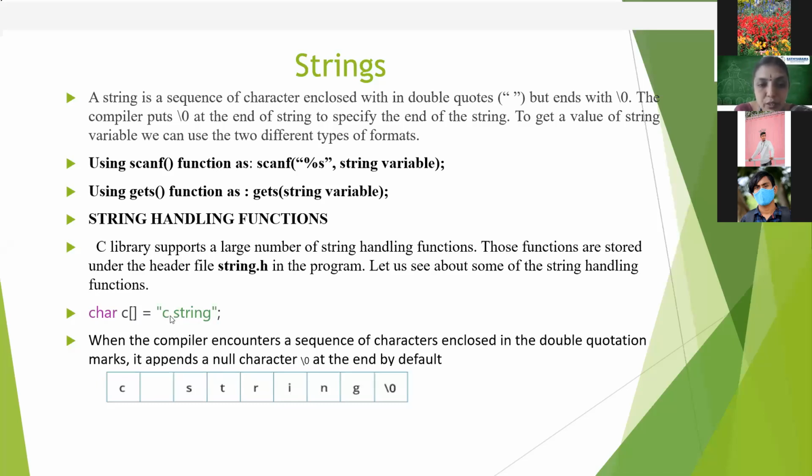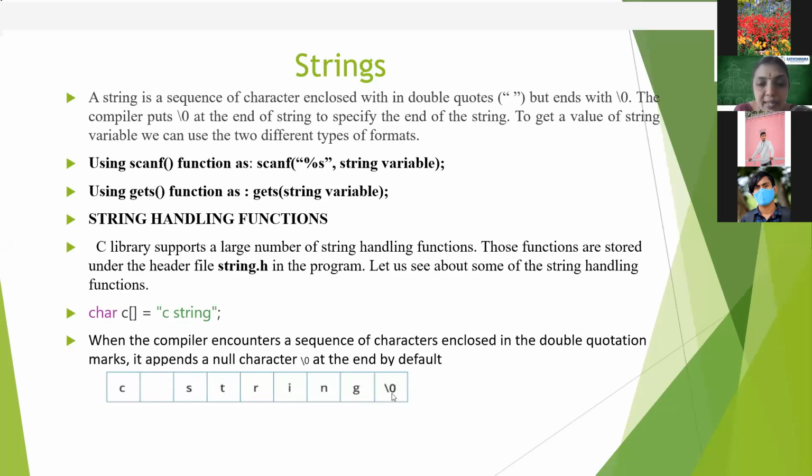See here we have a space and then we have a string. How will it be represented? In that position we have a space, and that space is also considered a character, right? Then we have the string placed, followed by the null character.